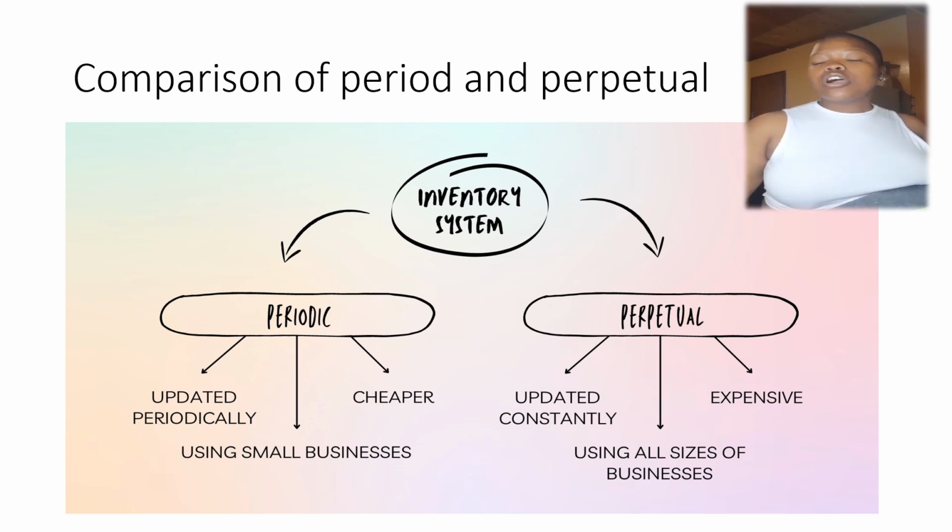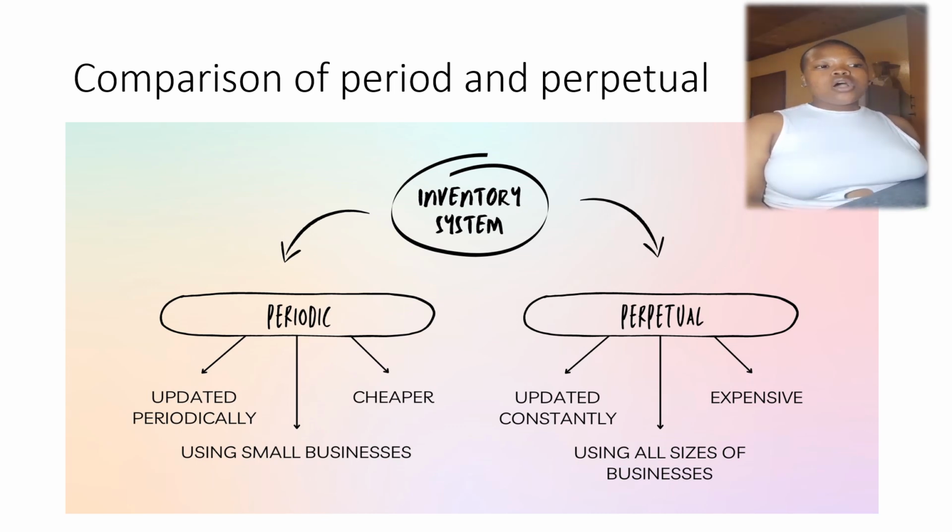After every movement of stock, an entry is made to see the stock. And the cost of sale is calculated on a continuous basis. That's what makes it expensive. And it is used in all types of businesses. If you're a small business and you think that it is wise and convenient for you to use the perpetual inventory system, then you should.